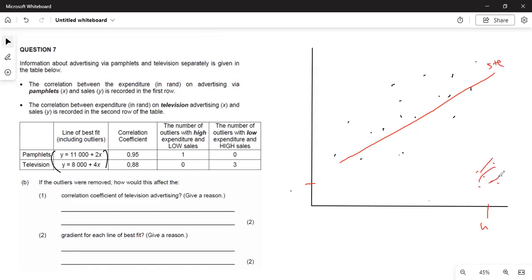So if we remove that, instead of going down, it will become steeper, right? So in this case, where we have high expenditure and low sales, this is for our pamphlets, we expect that the gradient would increase.